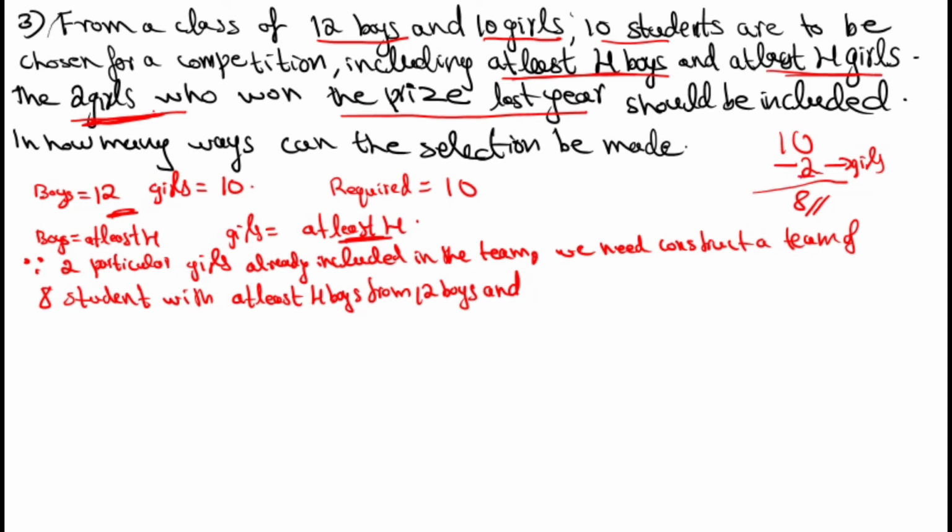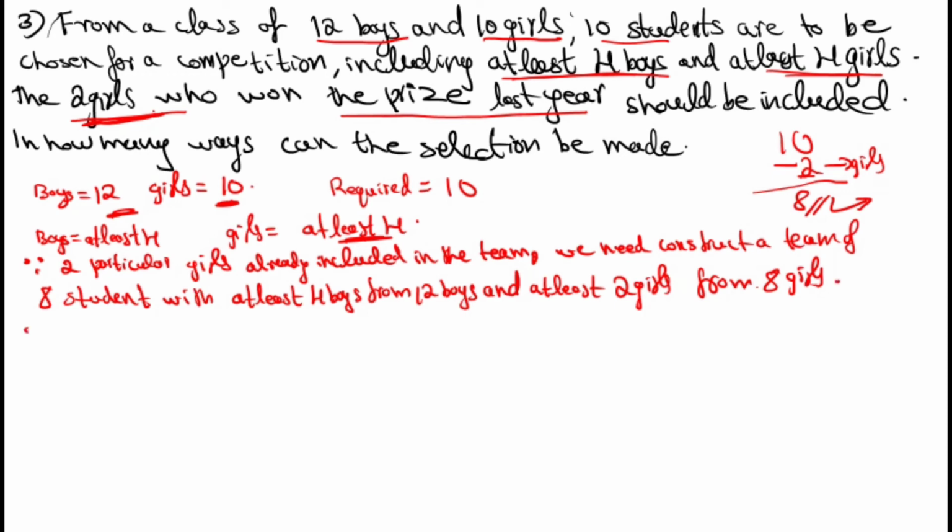So, and at least 2 girls. Okay, from how many girls? 10 girls are given, but already 2 girls are selected. So, you need to select only 8 girls. Okay, you need to select 2 girls from the remaining 8 girls.